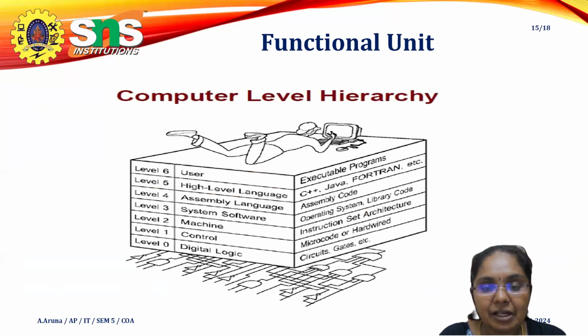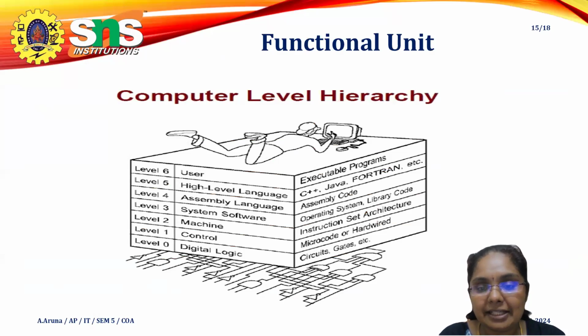So if you have only an operating system, can you execute? Because we know the high level language, but the machine knows only machine level language. The intermediate language is the assembly language. So we convert our high level language into assembly language by the compiler. After the compiler, the assembler converts your assembly language into machine level language.